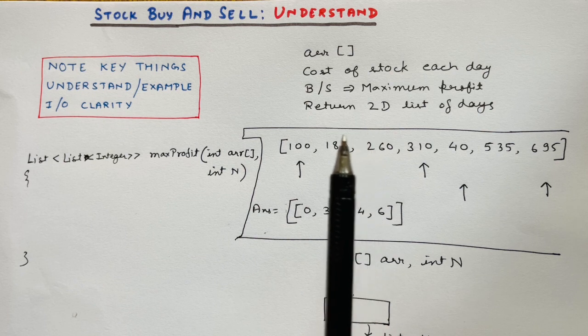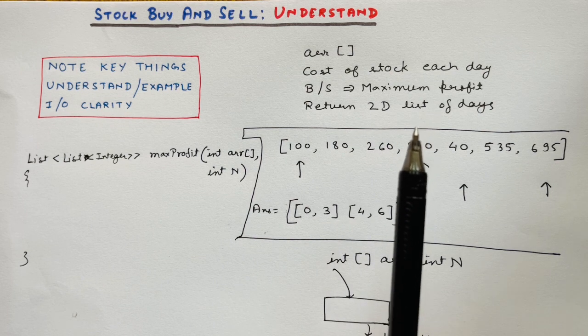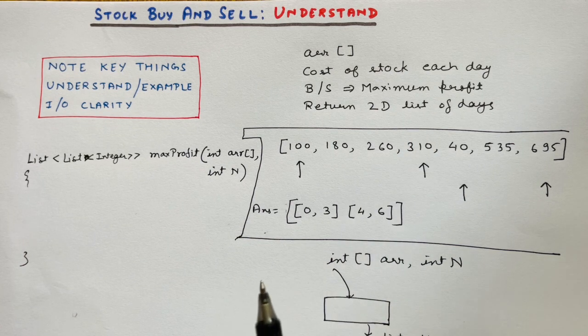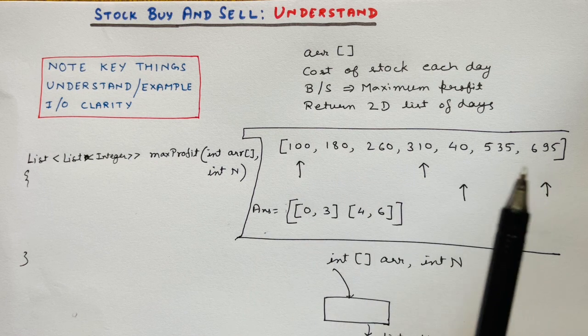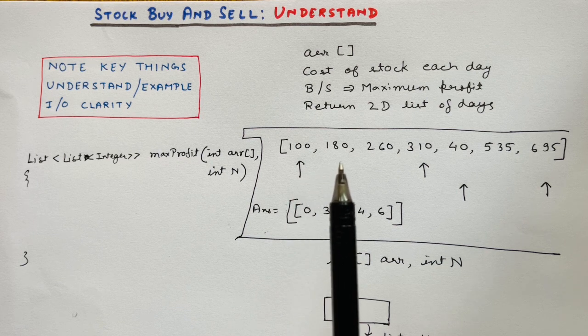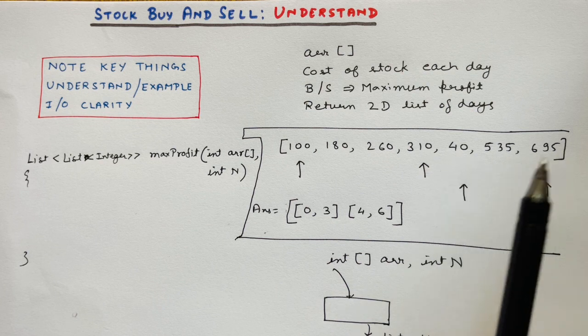We have to return a 2D list of days that represents on which days we will buy and on which days we will sell. So if we see an example, here in this array, we are given the cost of a stock. Like on 0th day, the cost is 100, first day it became 180, second day it became 260 and so on.